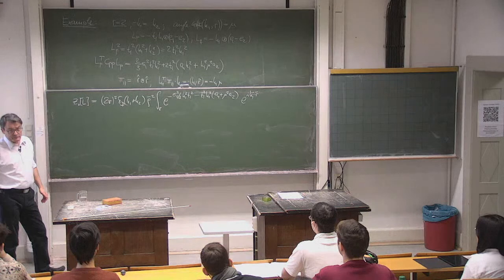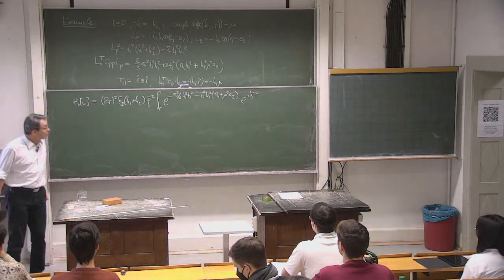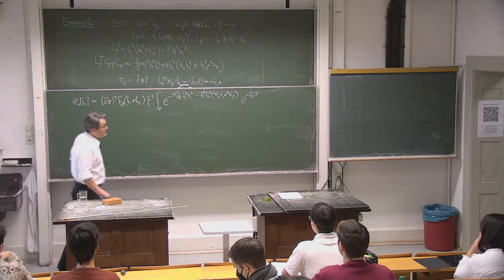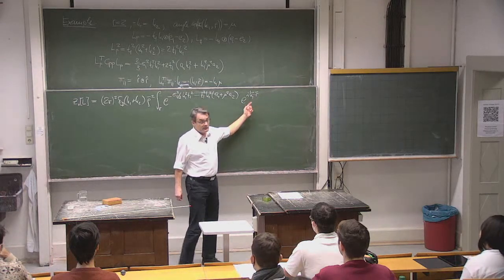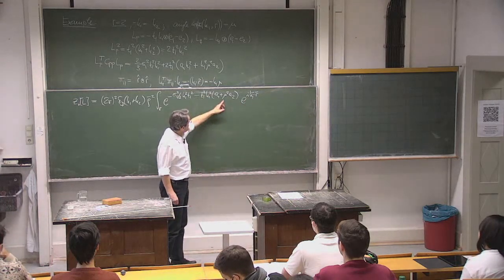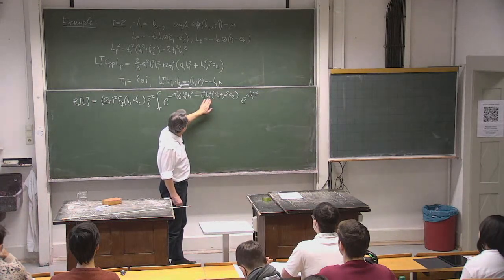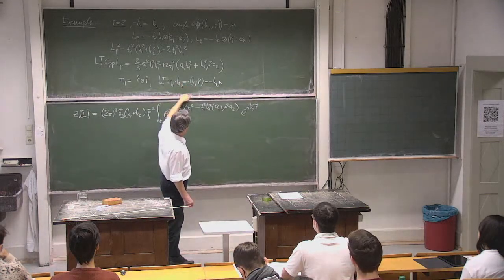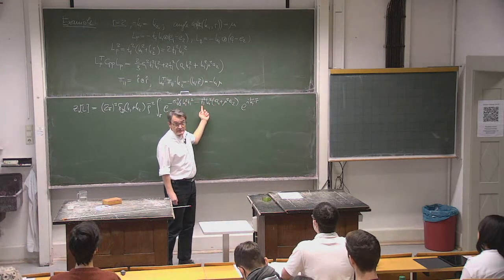At late times, at large wave numbers, this is an awful integral for the following reason. It oscillates like hell. At late times, of course, these T1 squares become large numbers.